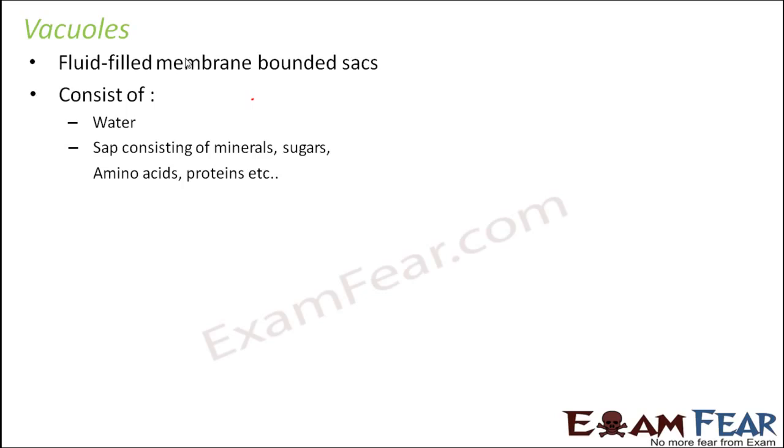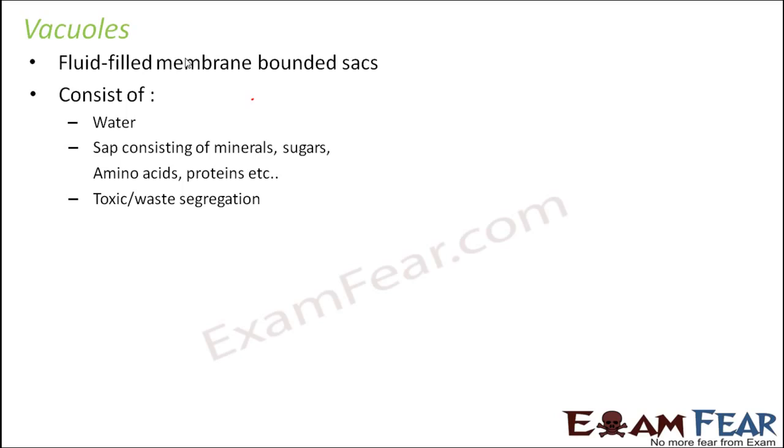If you look at the plant cell, you will see that the blue colored vacuole shown in the picture is occupying almost more than 50% of the plant cell. In some cases, it occupies up to 90% of a plant cell. So the remaining 10% is occupied by all other cell organelles.